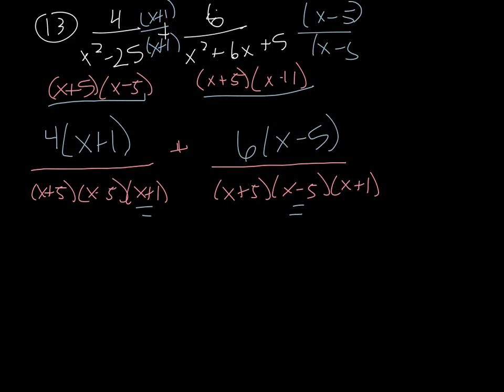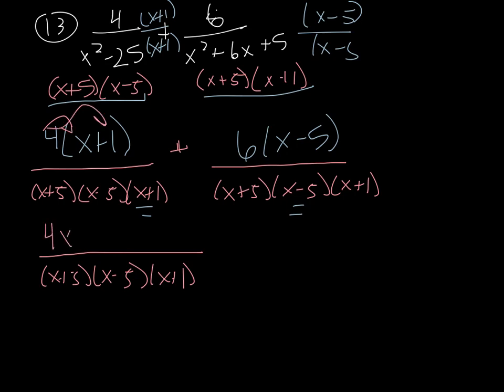So now I can rewrite the bottom as x plus 5, x minus 5, x plus 1. And this first one, I'm going to distribute my 4, so I have 4x plus 4. And here I can distribute my 6: plus 6x minus 30.